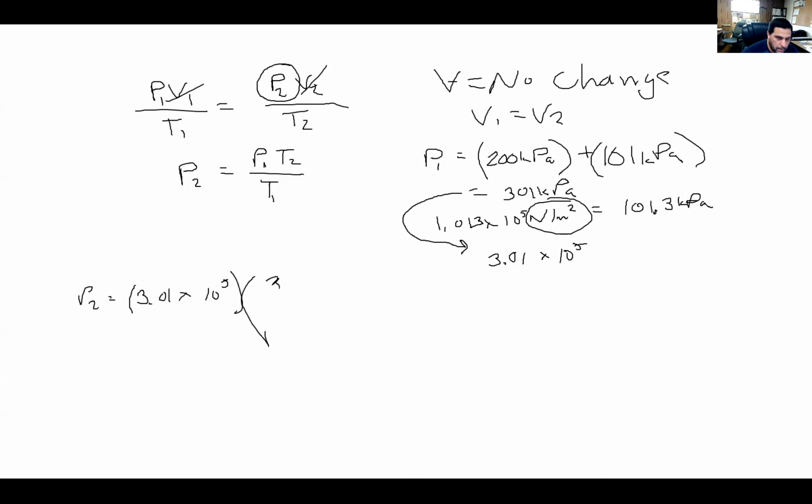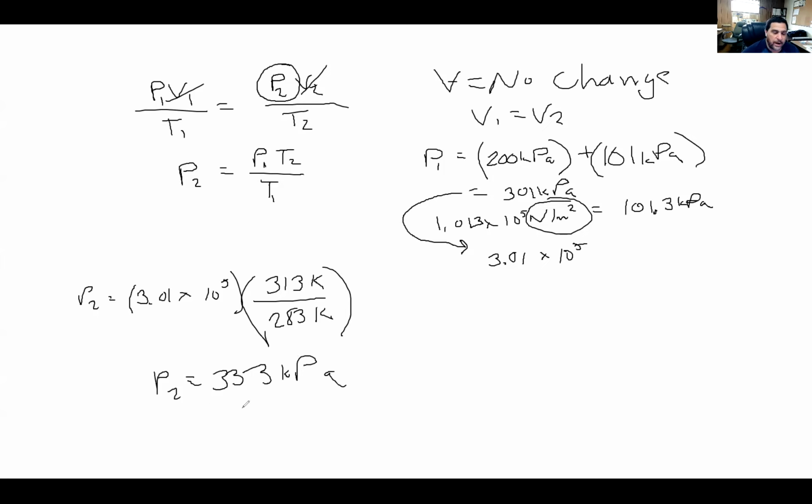Temperature 1, 313, because I'm converting my temperatures to kelvins. So you want to be working in kelvins here. P2, if you work this out, you get 333 kPa.